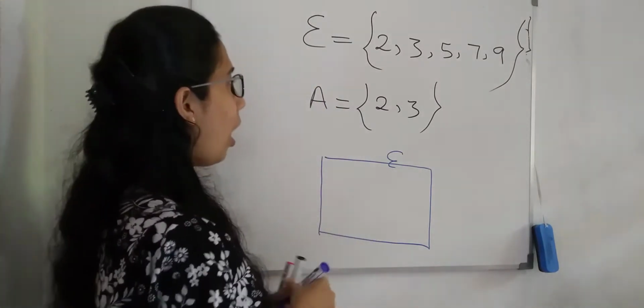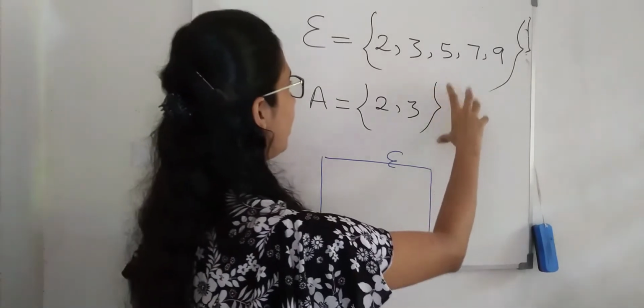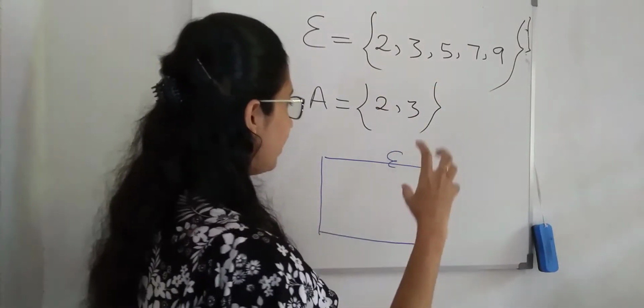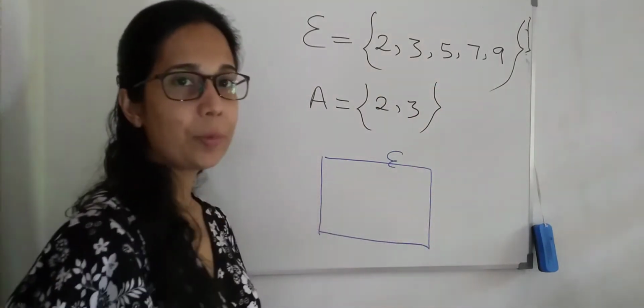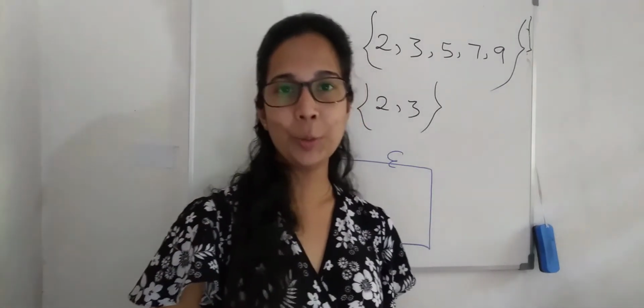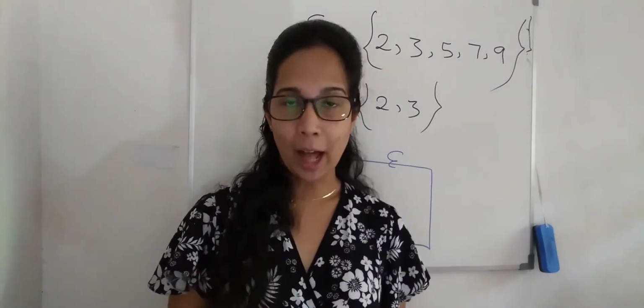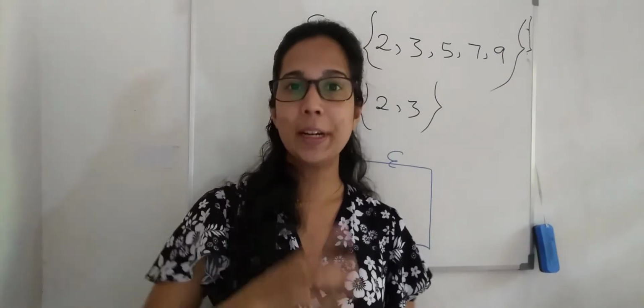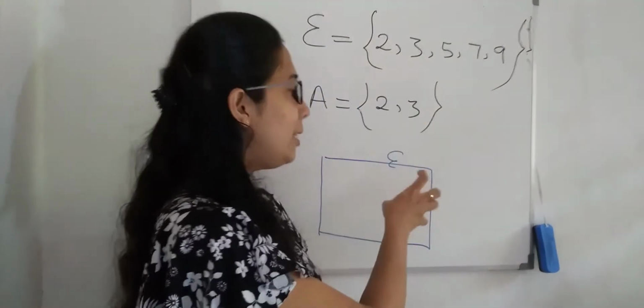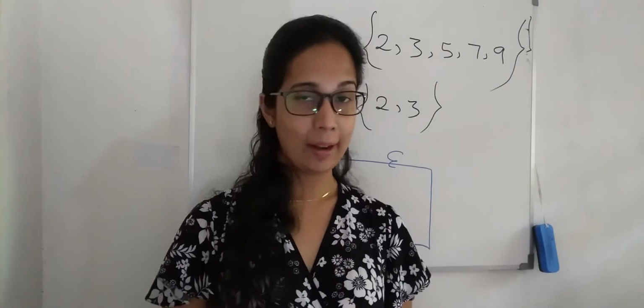Now how do we represent this subset within this universal set? We have to use a Venn diagram.